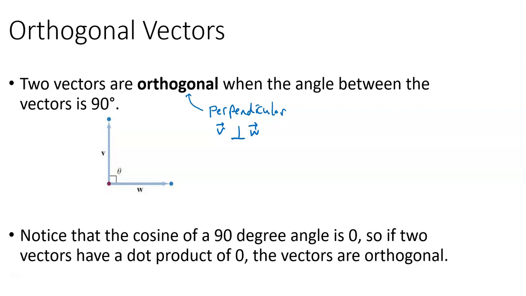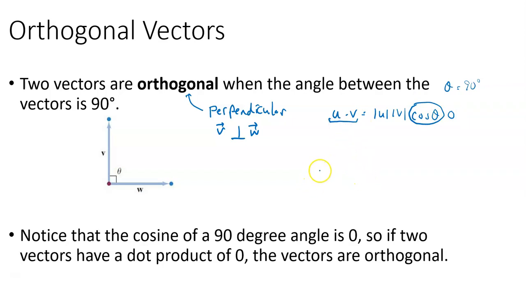Why not just say perpendicular? Well, the cosine of an angle that's 90 degrees is 0. So remember we have that formula that says the dot product equals the magnitudes times the cosine of the angle between them. Well, what if theta is 90 degrees, or pi over 2? Then this thing over here is 0, which means that that thing over there must be 0.